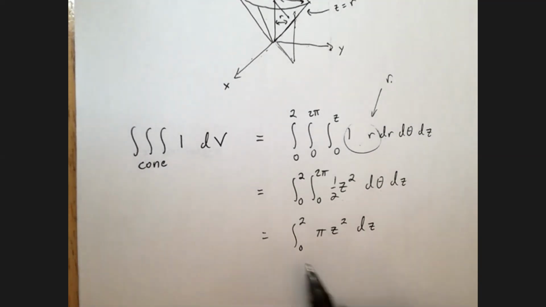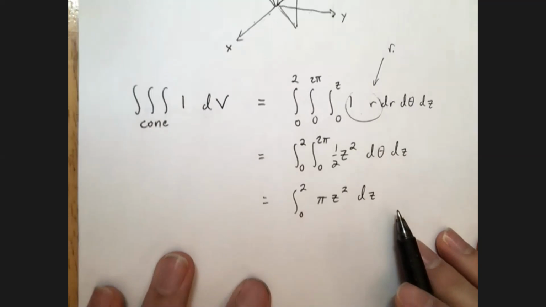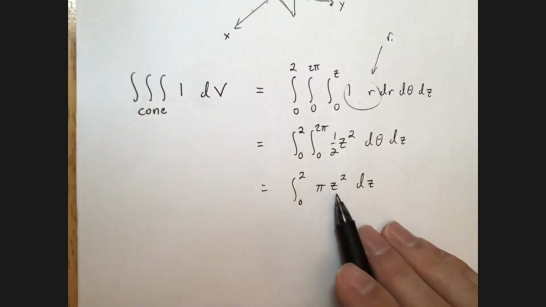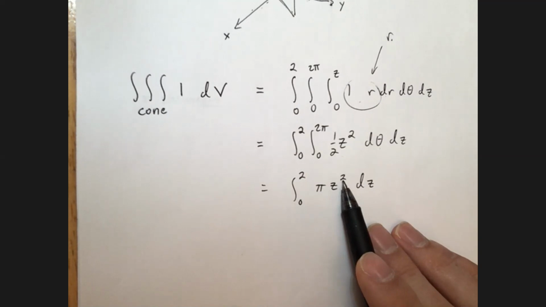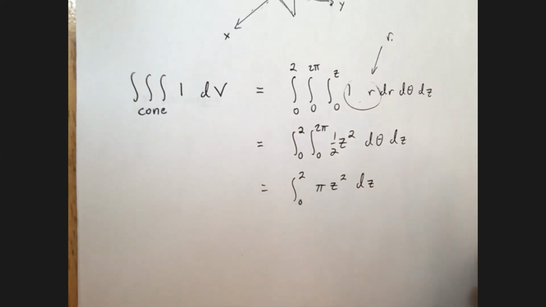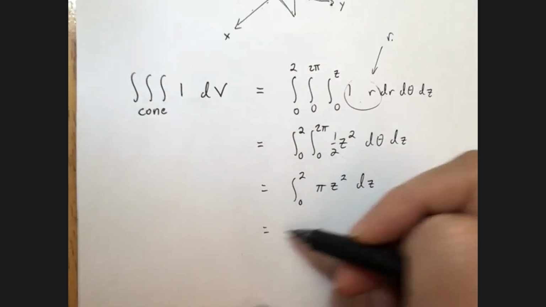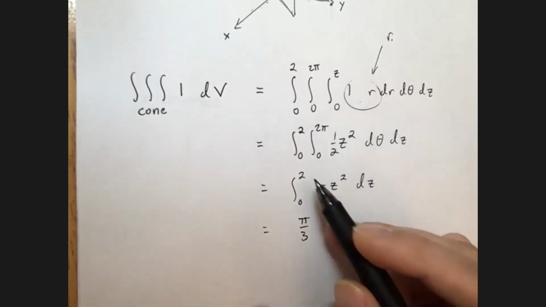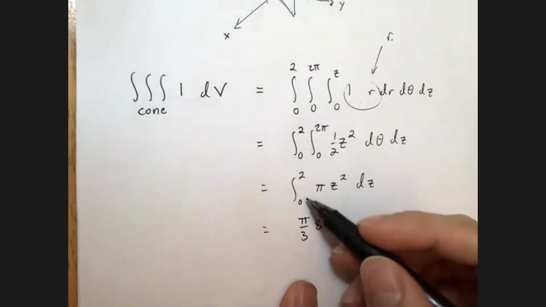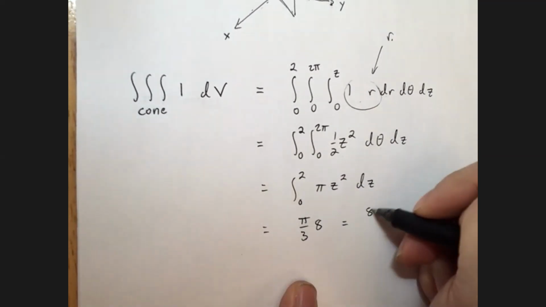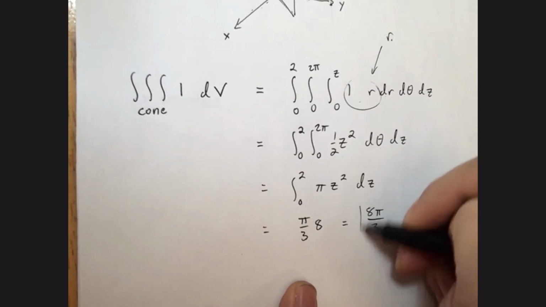Now in the last part, we're just anti-differentiating with respect to z. So that's pi over 3 z cubed, evaluated from 0 to 2. 2 cubed is 8, and evaluated at 0, you get 0. So this is just 8 pi over 3.